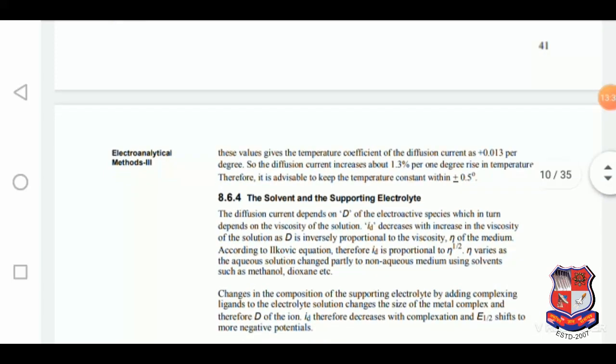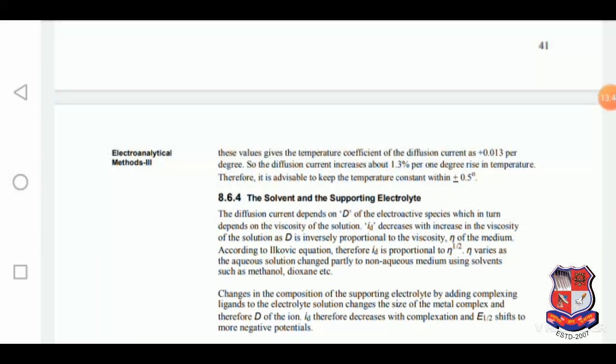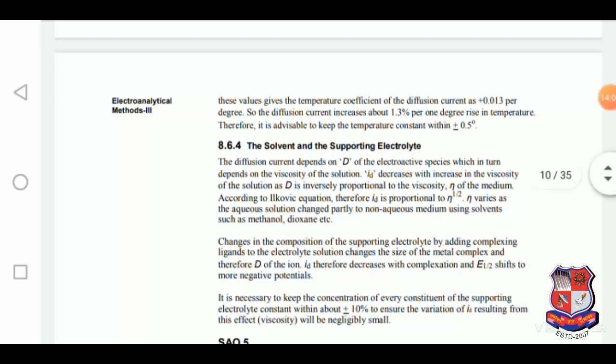Combining all these values gives the temperature coefficient of diffusion current as plus 0.013 per degree. So the diffusion current increases about 1.3% per 1 degree rise in temperature. Therefore, it is advisable to keep the temperature constant within plus or minus 0.5 degrees centigrade.